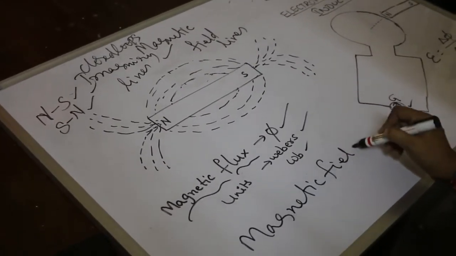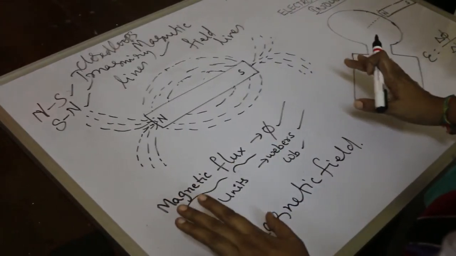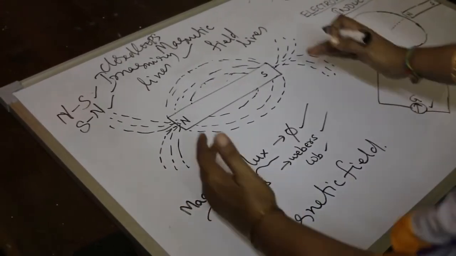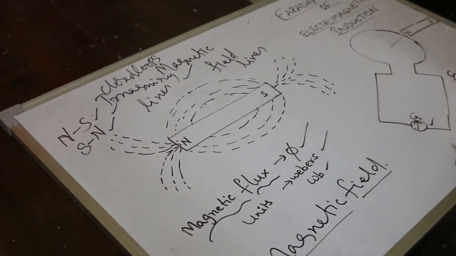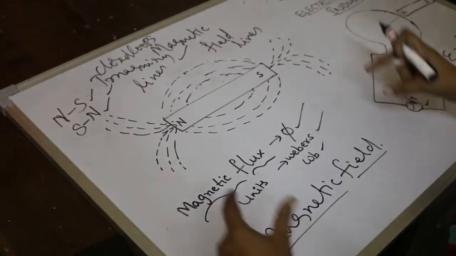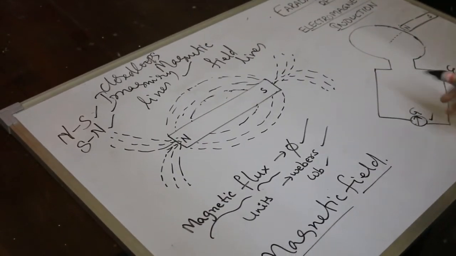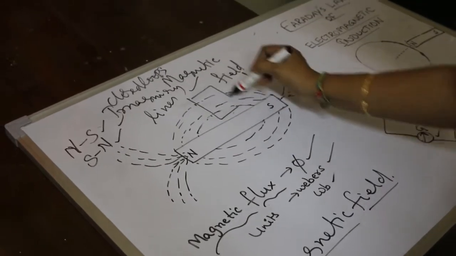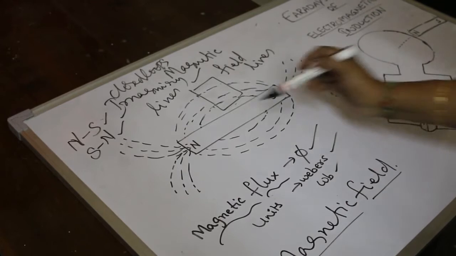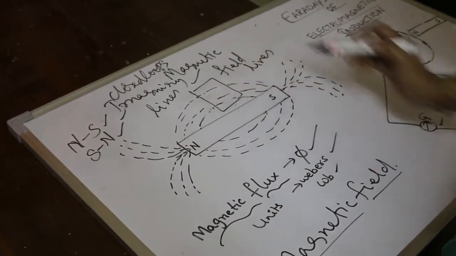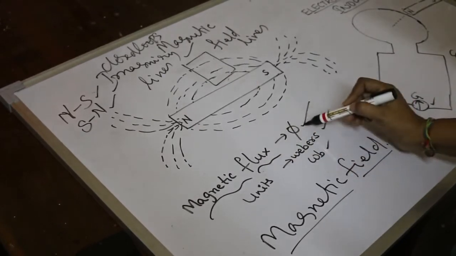To which extent these magnetic field lines are surrounding a bar magnet, up to there the effect of the magnet can be felt, which can be called the magnetic field. So the magnetic field is constituted by magnetic field lines or magnetic lines of force. Now imagine an area perpendicular to this magnetic field and see how many magnetic field lines are passing through that area. That is called magnetic flux.